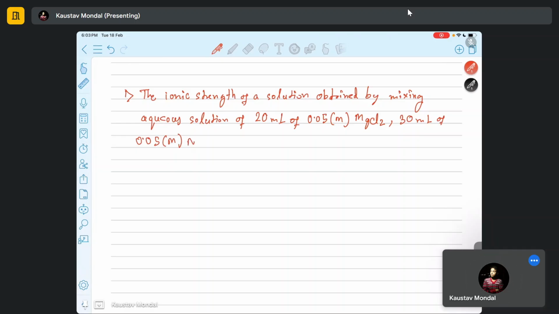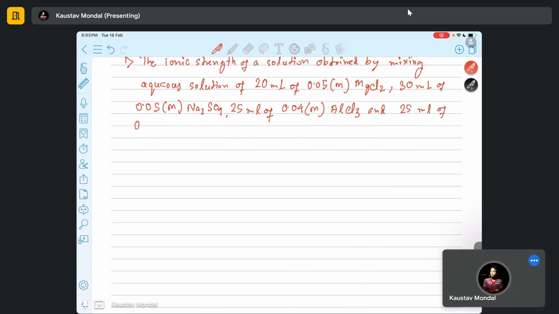and it is 0.25 ml of 0.04 ml CO2 and 25 ml of 0.01 glucose at a given temperature.